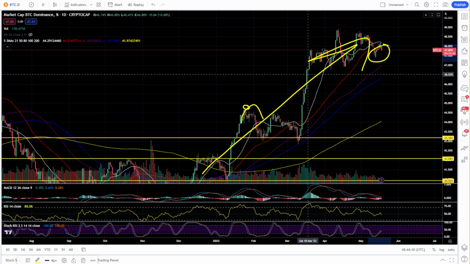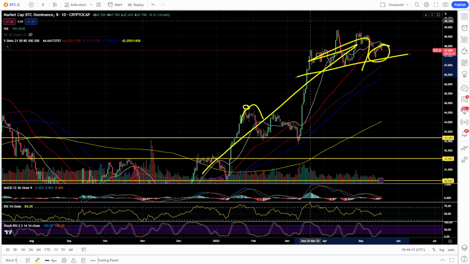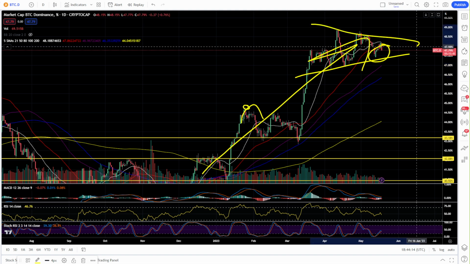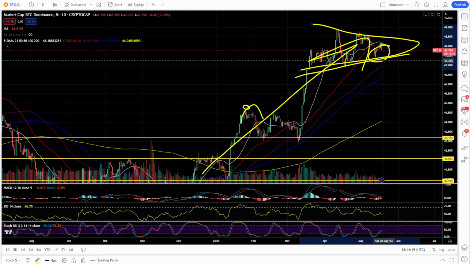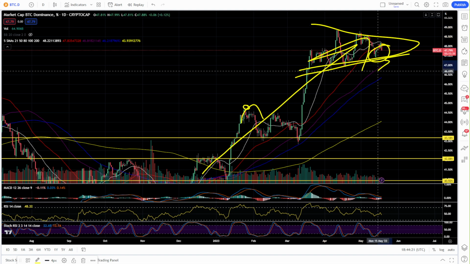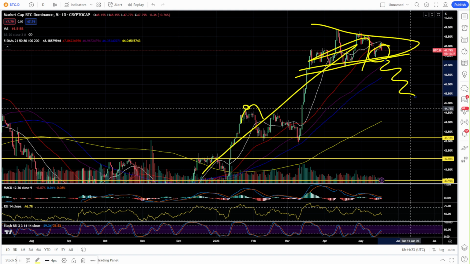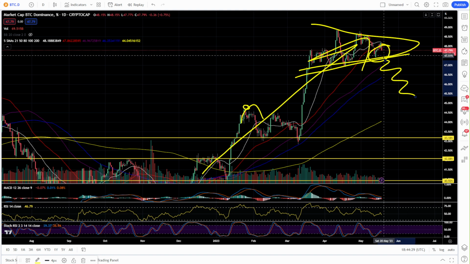Will you get some type of breakdown out of this pattern? You'll see altcoins outperform Bitcoin. But if Bitcoin is falling, all that means is maybe altcoins don't fall as much. So it doesn't give you direction, but it helps you time the moves.